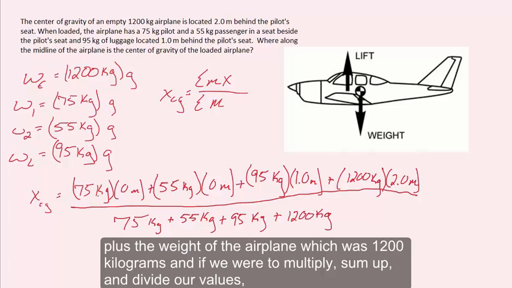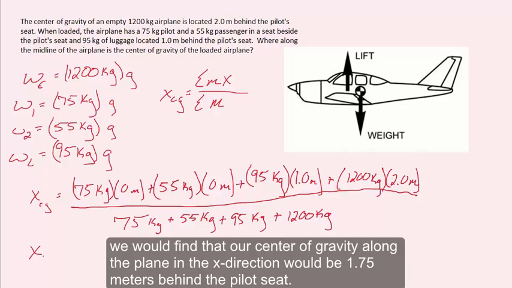And if we were to multiply, sum up, and divide our values, we would find that our center of gravity along the plane in the x direction would be 1.75 meters behind the pilot's seat.